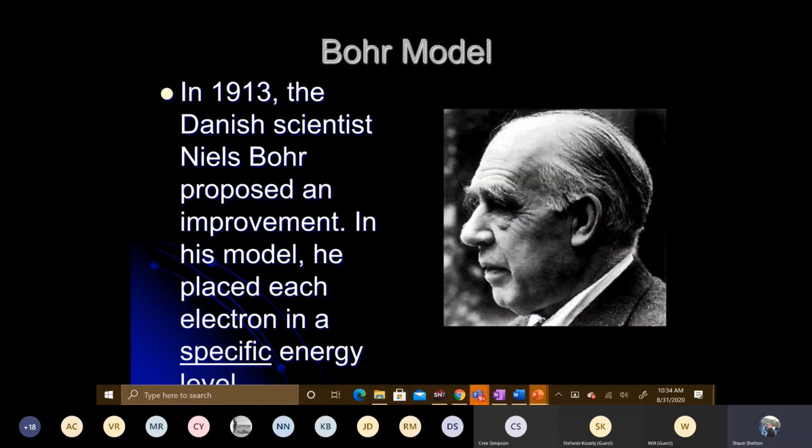Now, Bohr's model. Everybody has heard of Bohr's model, I assume. Have y'all heard of it? Yes. In fact, everyone has seen Bohr's model. Bohr's model is a model that was produced by Niels Bohr in 1913, and this was an improvement over what Rutherford came up with, because what it does is that it places the electrons into specific energy levels.